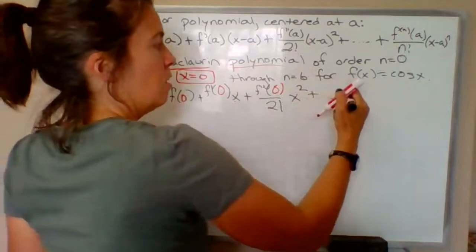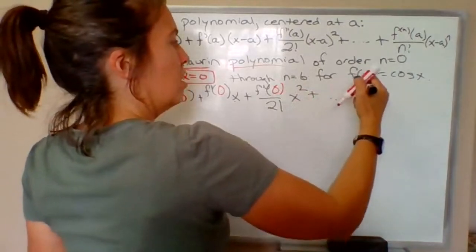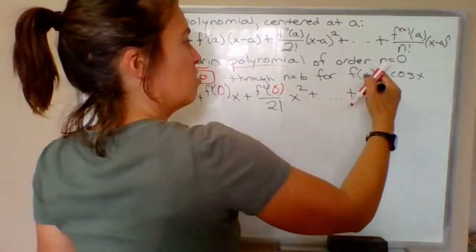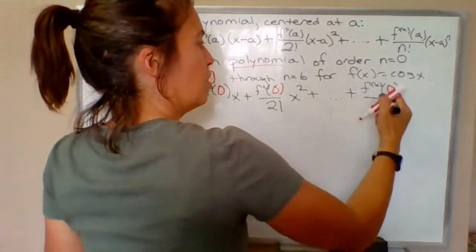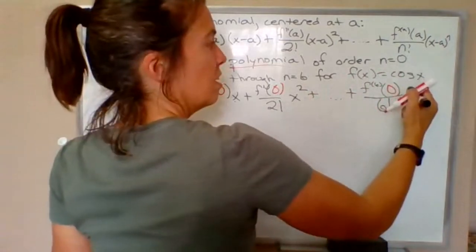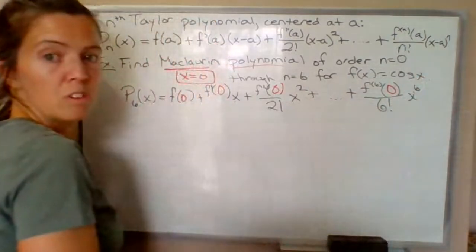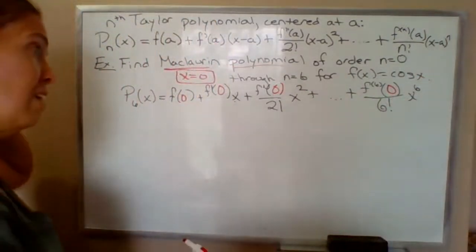Okay, and so on, dot, dot, dot, up to the 6th derivative evaluated at 0 over 6 factorial x minus 0, which is x to the 6th. Okay, and that's where we would stop if it's order 6. So that's the general idea.